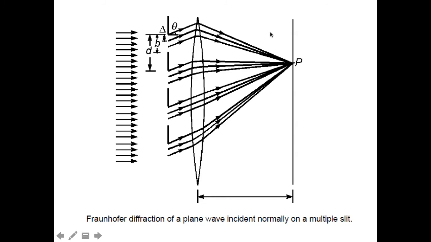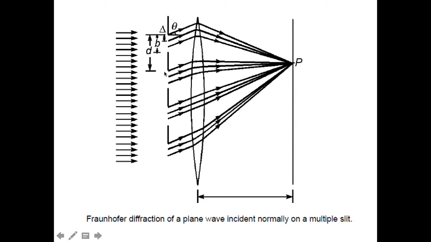In the n slit diffraction, n number of slits are there, and the slit width is the same b, and each slit contains again n number of equally spaced point sources with the spacing delta, and which is separated by the distance d.